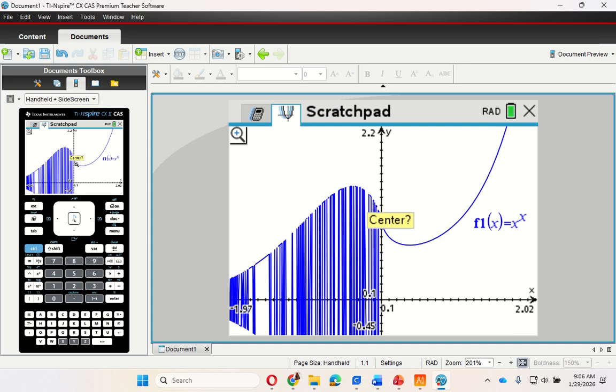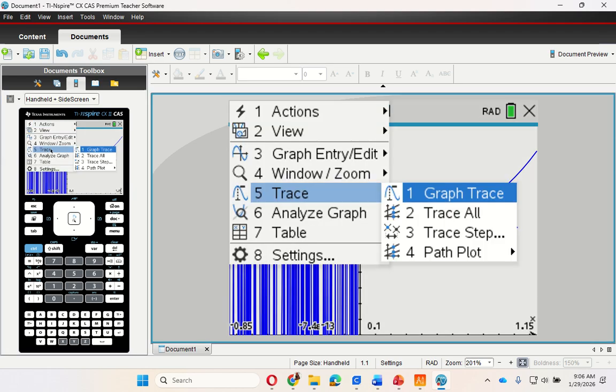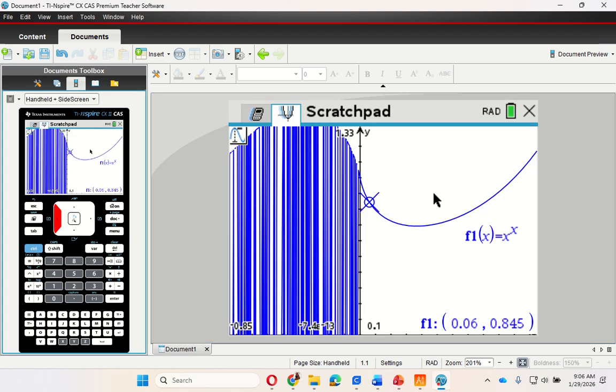There we go. That point right there is 1. So where it crosses the y-axis right here when x is 0 is going to give me 1. Menu, trace, it's undefined there, but as it's approaching, it's 1.